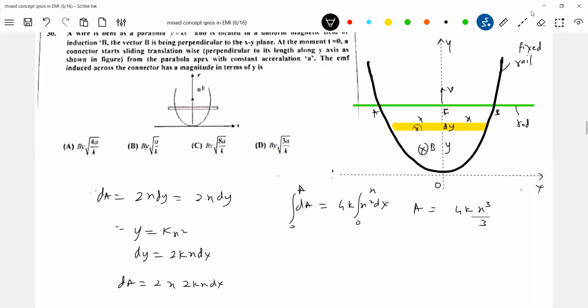Okay, fine. Now the flux linking will be B into A, which is 4Bk x cubed by 3. We know dy by dt, so this x cube will convert into y.